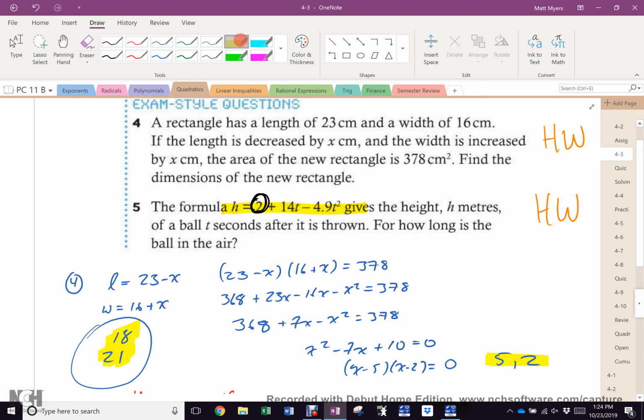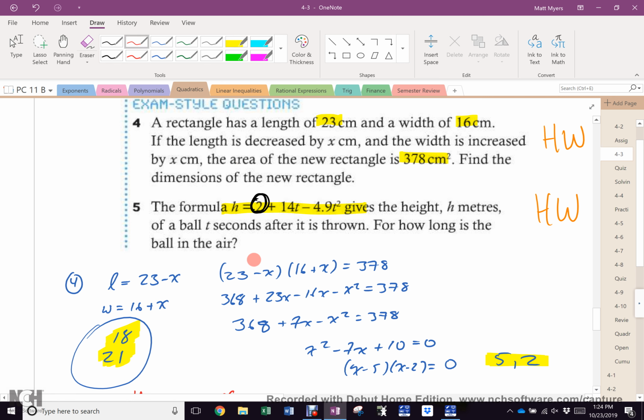So, of course, the triangle or the rectangle started at 23 and 16. But the next line says the length was decreased by x: 23 minus x. The width was increased by x, so it was 16 plus x. And the area was 378.